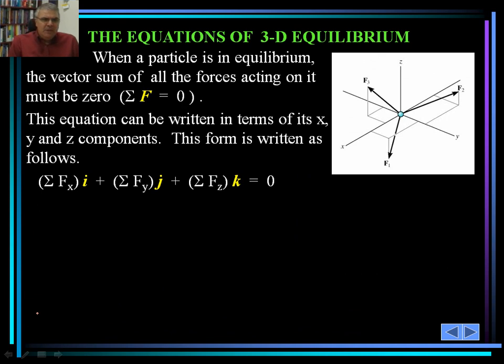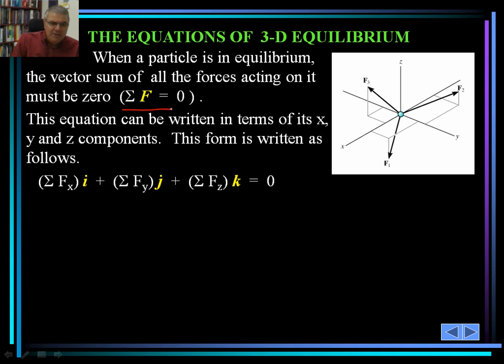Let's talk about the equations of equilibrium in 3 dimensions, or the equations of 3D equilibrium. When a particle is in equilibrium, the summation of the forces acting on that particle is 0. So when we are dealing with a particle in 3D, the vector sum of all forces acting on it must be zero. It's shown here as summation of forces set to zero.